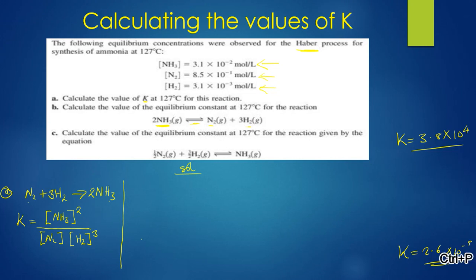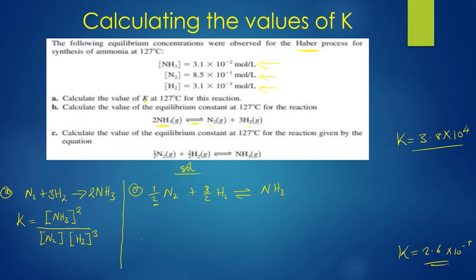So here, we have been given an equation on question 3. You're having 1 over 2 N2 plus 3 over 2 hydrogen forming ammonia. Now here you need to observe what's the difference, what is happening for this to be 1 over 2.